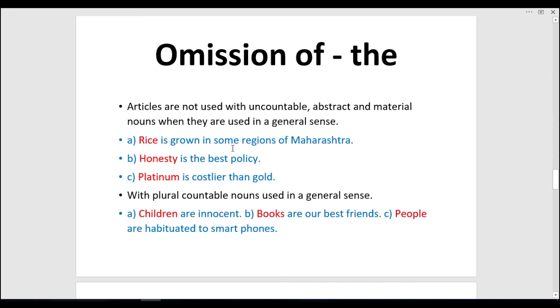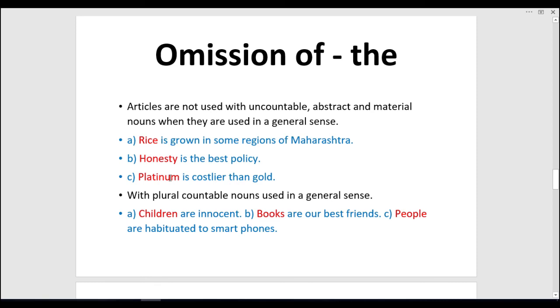Rice is grown in some regions of Maharashtra. Here we have used rice in a general sense. Here an abstract noun is there. Honesty is the best policy, so it is used in general terms, so we have omitted the. Platinum is costlier than gold, we have used platinum in a general sense, so we have omitted the.